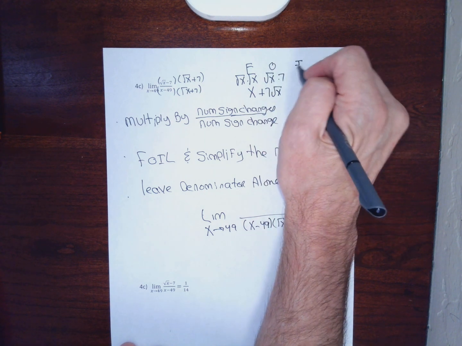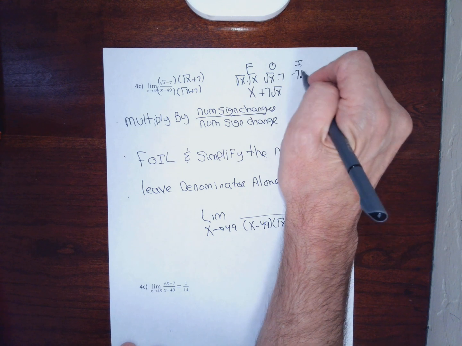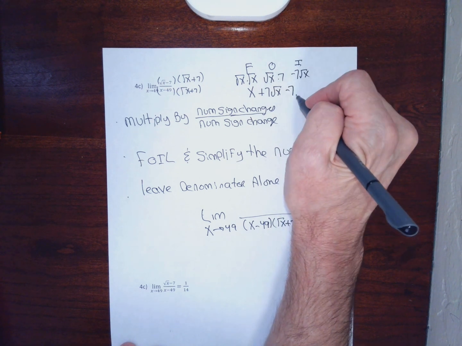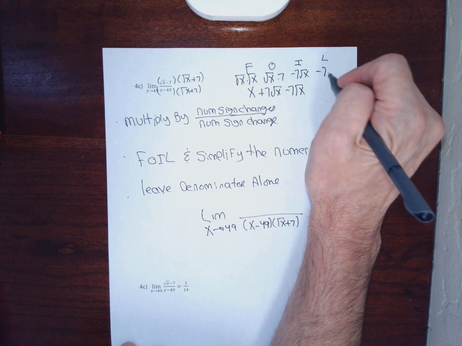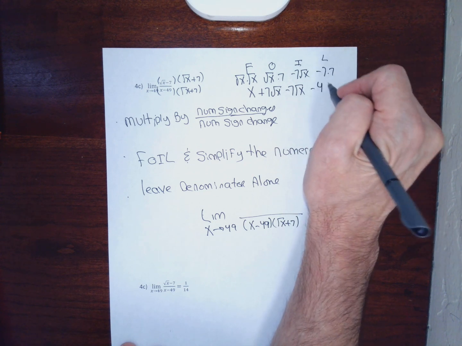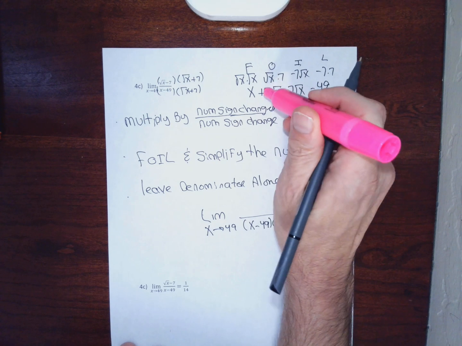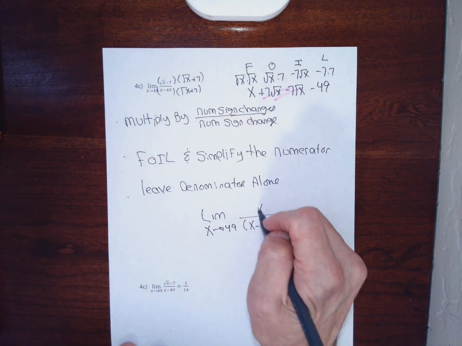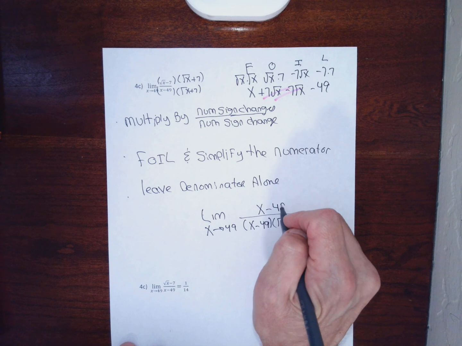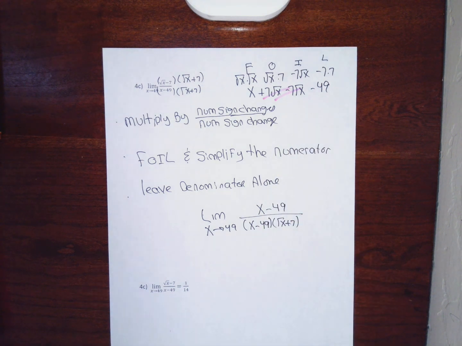My inners are minus 7 times square root of x. That's minus 7 square root of x. And my lasts are minus 7 times 7. That's minus 49. Outers and the inners cancel. And what the numerator reduces to is x minus 49.